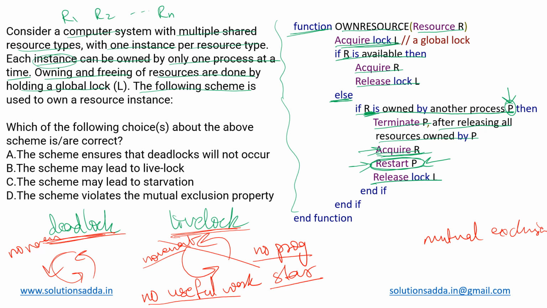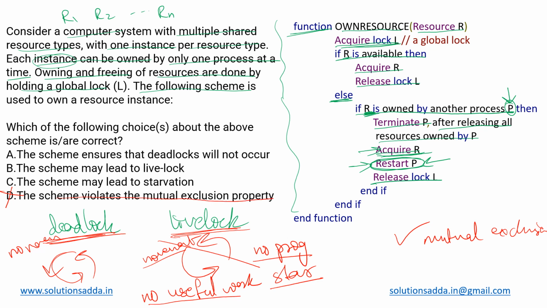But if it is not free, then I will kill the process that is currently holding it and snatch it from that. So at a time only one process is acquiring a resource. Hence there is mutual exclusion, and there is no violation of mutual exclusion in the synchronization mechanism. So this states that our option D is incorrect. There is no violation of the mutual exclusion property in this scheme.